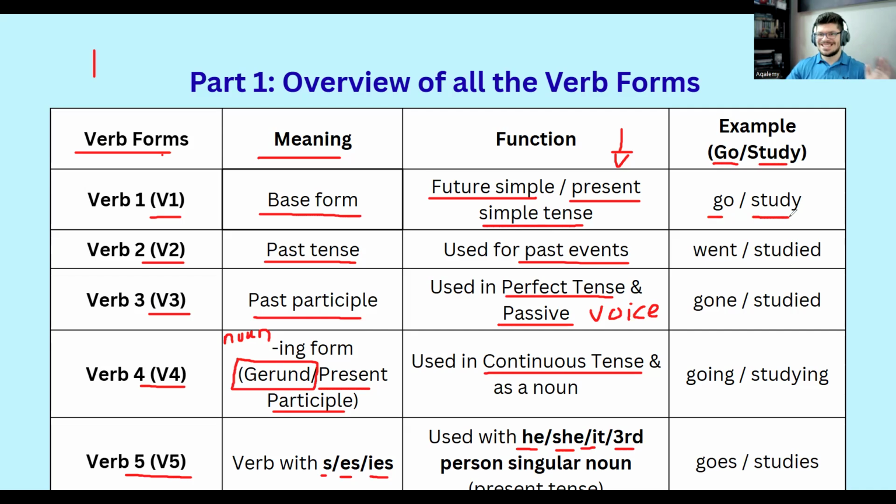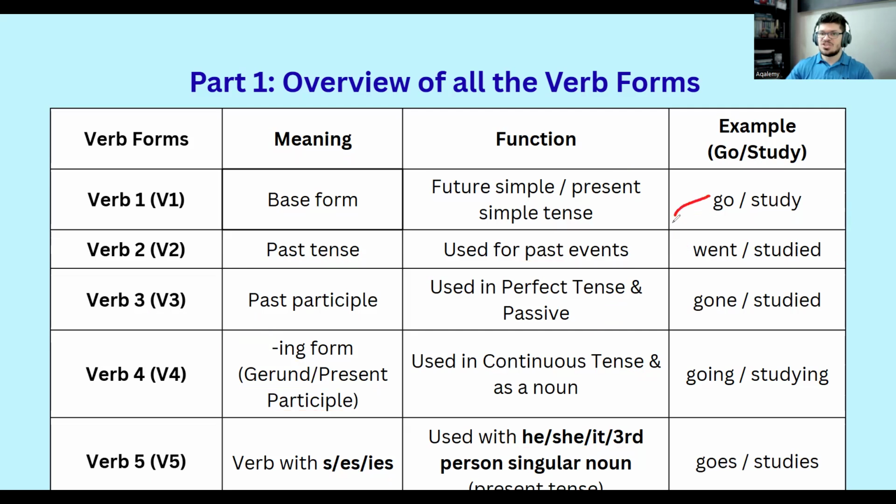Here is the example with 2 verbs. Go, study, standard base form of a verb. If we want to understand past tense for go and study, go changes to went because of irregular verb. Study changes to studied. Now, when we look at participle, go changes to gone.